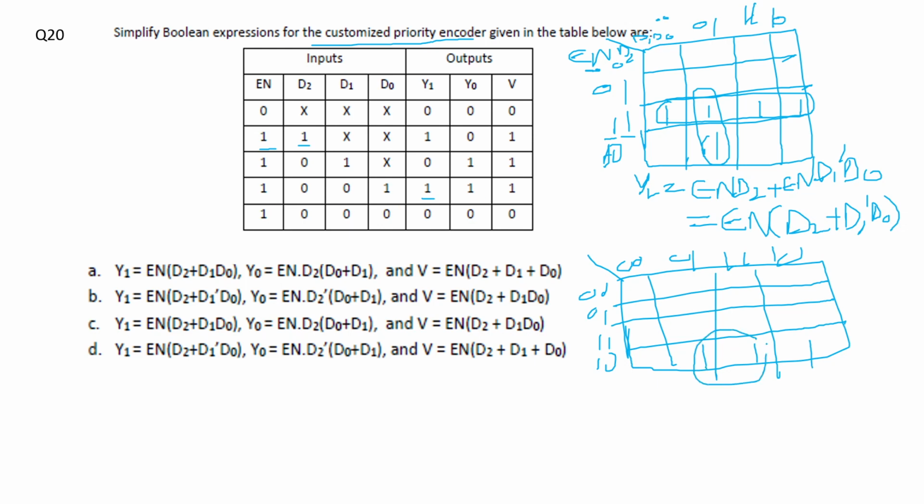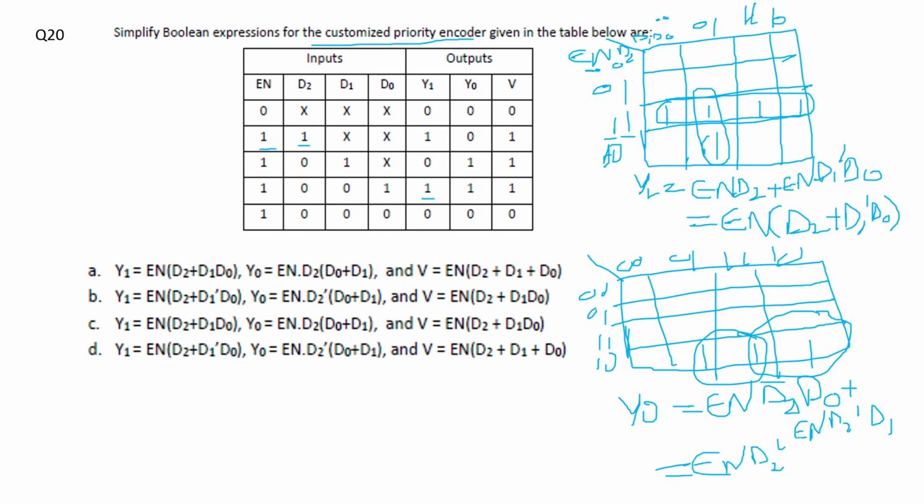So we can create two pairs like this, and we can write y0 to be equal to en d2 complement d0 plus en d2 complement d1. So finally we have en d2 complement, and we have d0 plus d1.